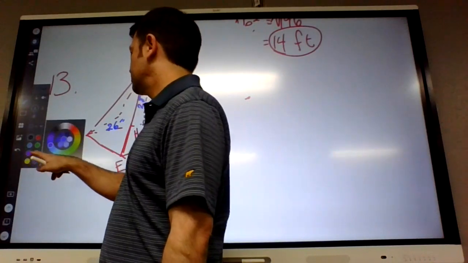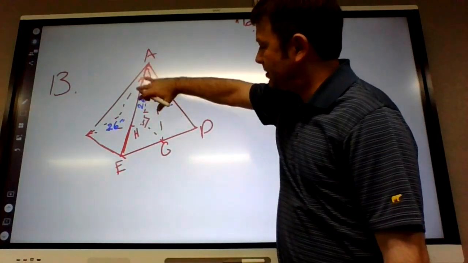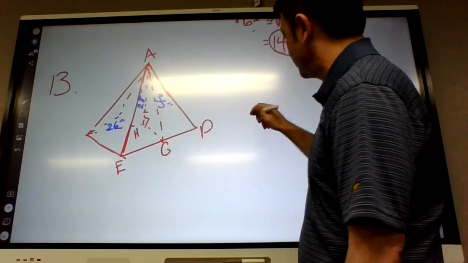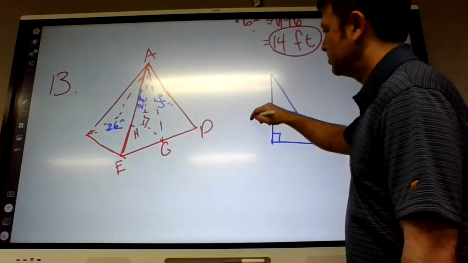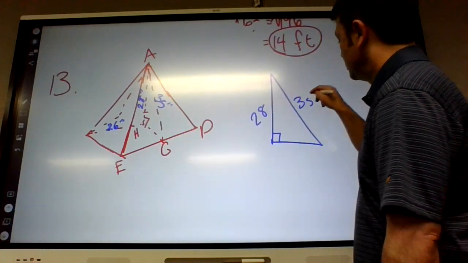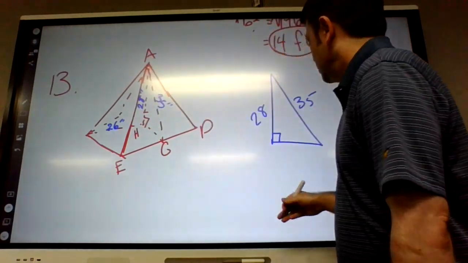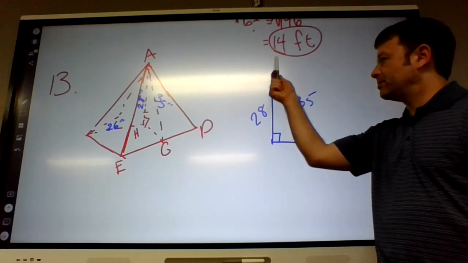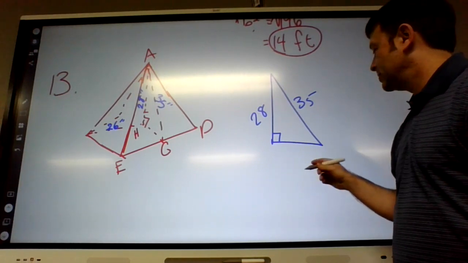Okay, if I take the height out and the slant height out and the apothem out, what shape do they make? Makes a right triangle, right? You guys see it? This has to be 90 degrees because it's the height of the pyramid, going straight up to the top, so it's perpendicular.